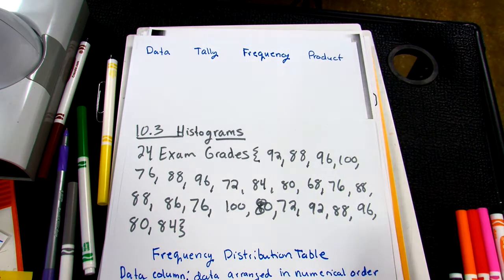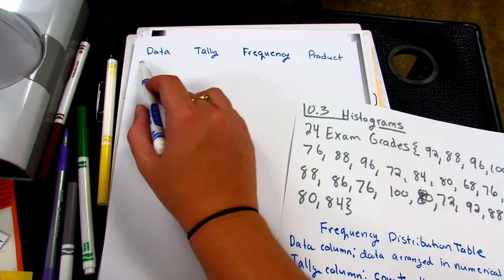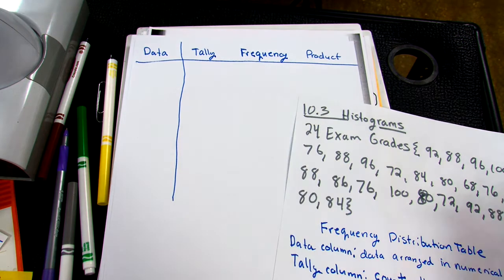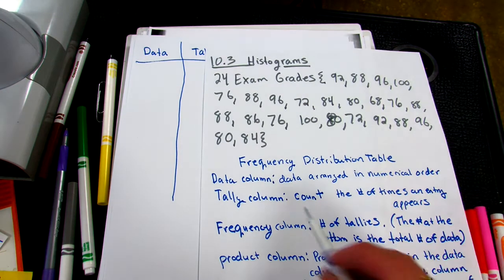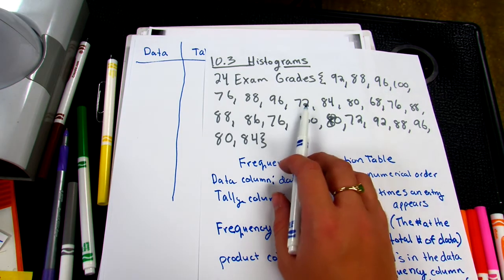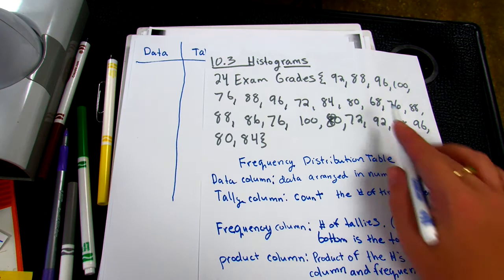Okay, so for the data column, remember we're going to put everything least to greatest, but we only have to put each entry once, right? So my smallest number on here looks like it's going to be 72. Oh, actually, there's one smaller than that. There's 68, right?